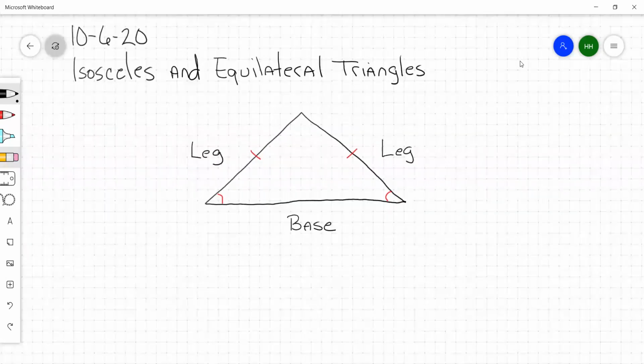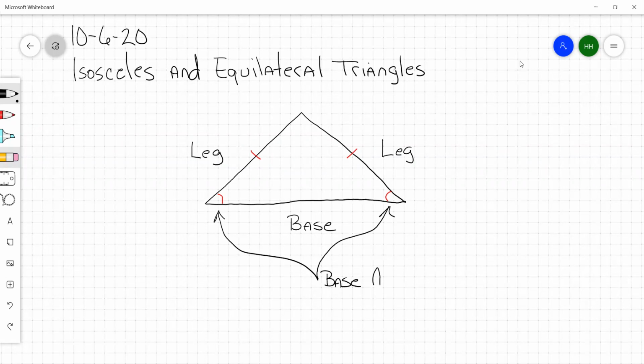The two congruent angles, those are called base angles. This angle up top, the third angle, the non-congruent angle, that's called the vertex angle.